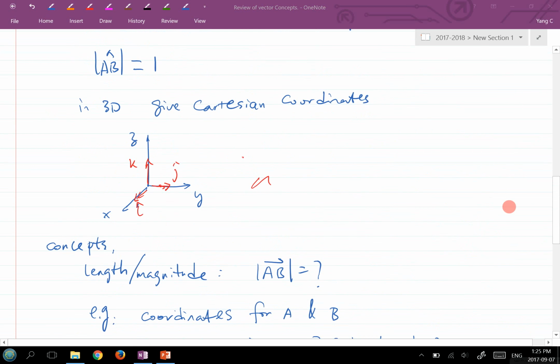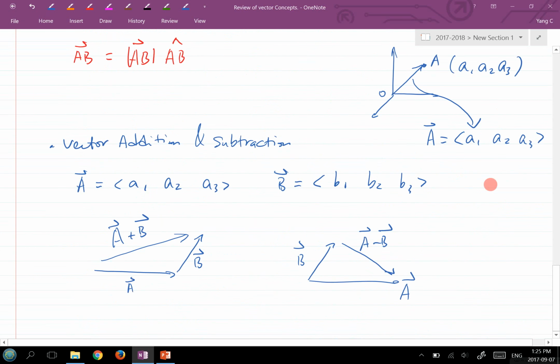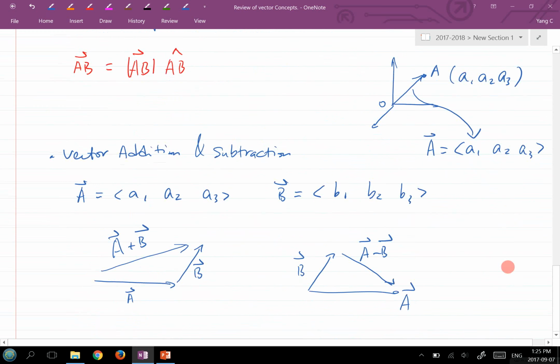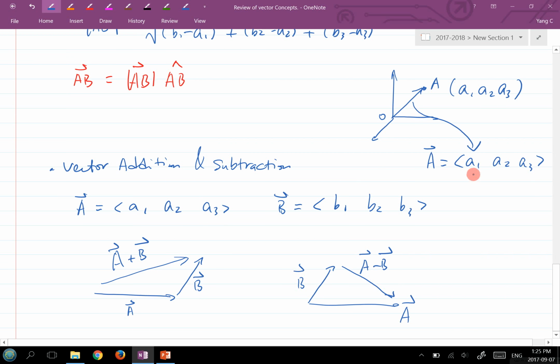Another small thing before we move on is another notation. We learned the notation for unit vectors: I hat, J hat, and K hat. If you have a vector A here, you can write the vector A as A1, A2, A3 like this. That's your vector OA.